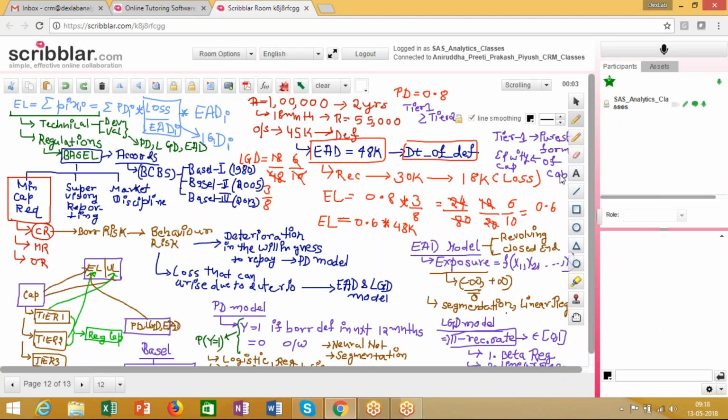The second type of loss is the unexpected loss. The unexpected loss is nothing but the deviations of losses about the expected losses. And after that, the next part is the potential loss. The potential loss is a loss which generally does not occur.